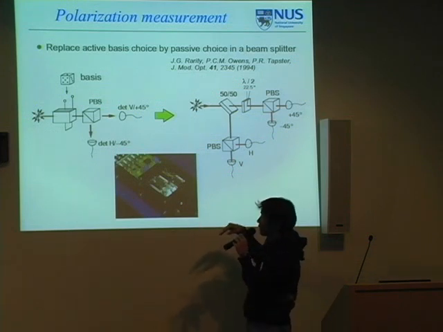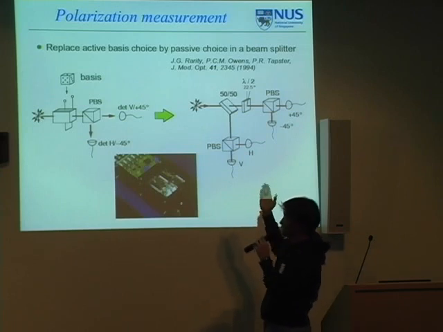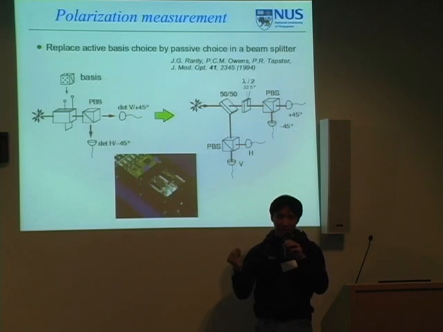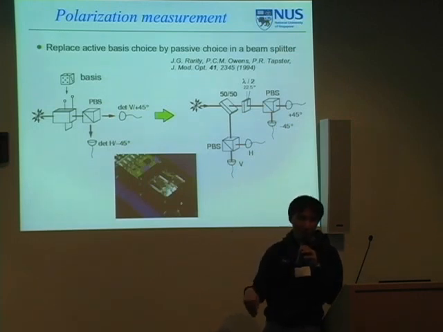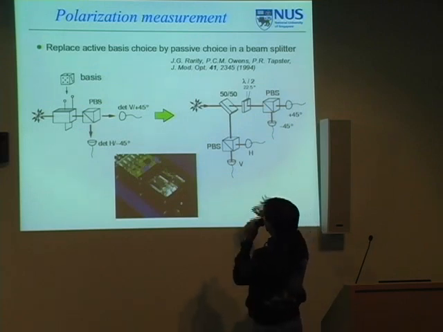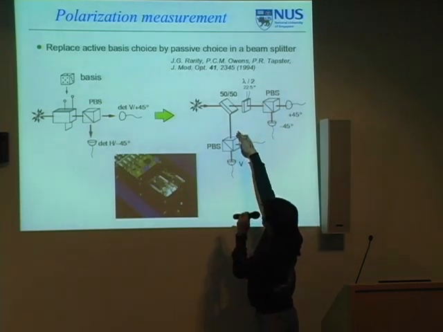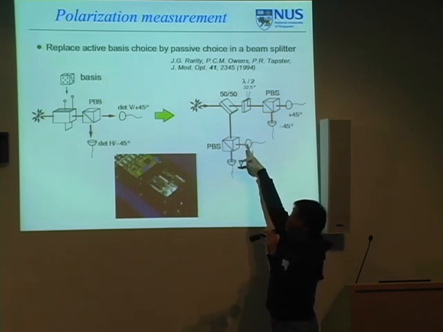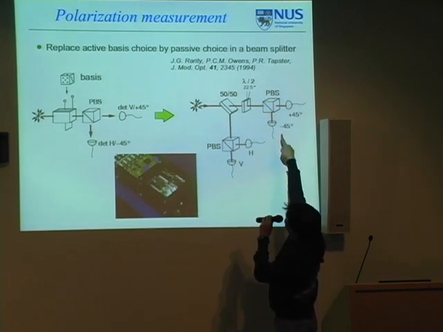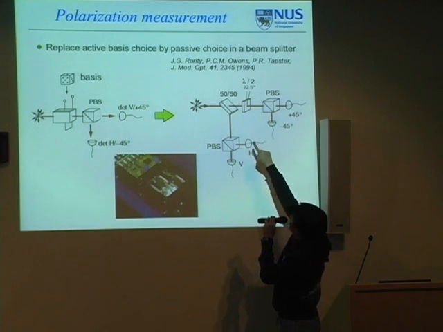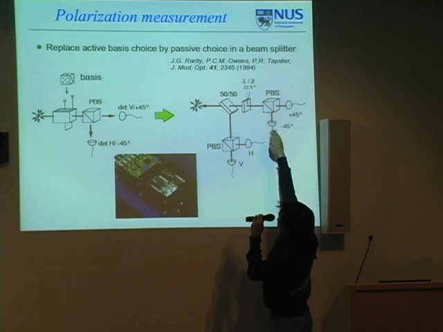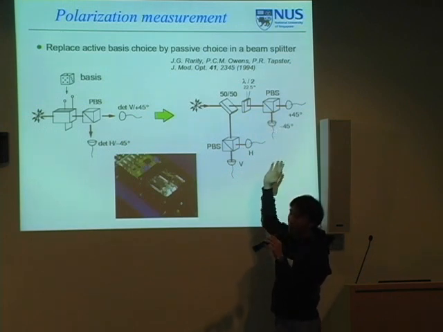But you can use a different type of beam splitter, which is polarization insensitive, so that no matter what polarization state the photon has, it has a 50-50 chance of being transmitted or reflected. In that case, half the photons will be transmitted to another PBS, where you measure in horizontal and vertical. And in the other half of the cases, you send the photons into a measurement setup that measures the plus and minus 45 polarization states.